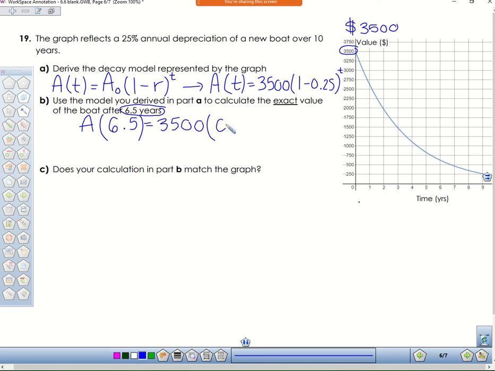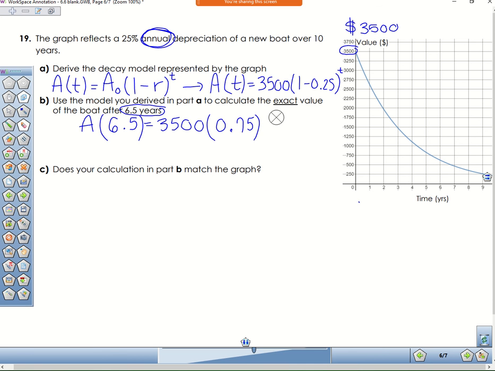Was there an indicator for that? No. Look at this word right here. Annual. So that's how you know that the rate was in terms of years. So you're able to plug years into your formula. Because that's something that can be confusing. Oh, and you should replace t with 6.5.